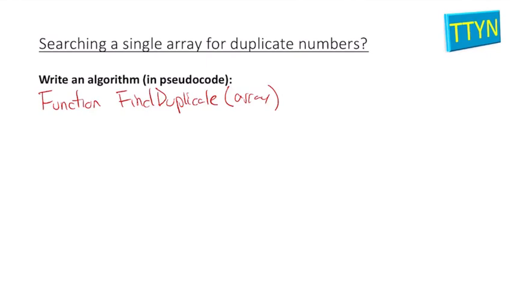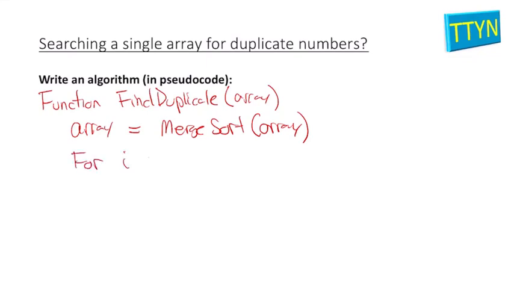So instead, we'll take our array and we'll first sort it. So we'll say that array is equal to merge sort on our array. So let's say we sorted the array. Now we'll loop through and we'll say for i in, and let's say we're going to start at index 1, this is going to be base 0 index, all the way up to array.length.